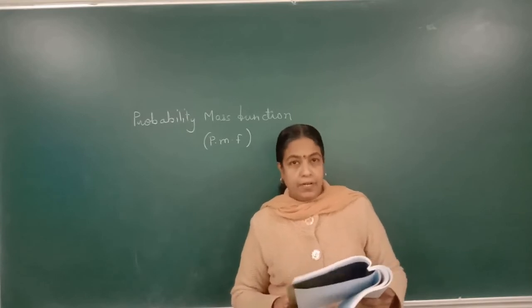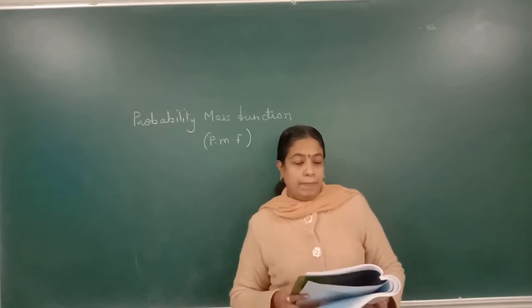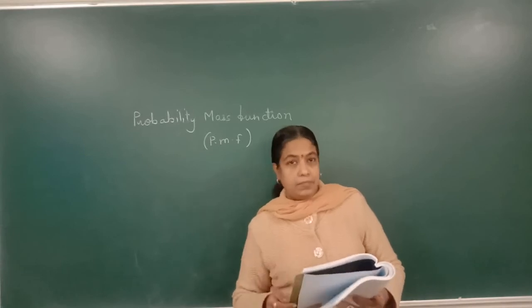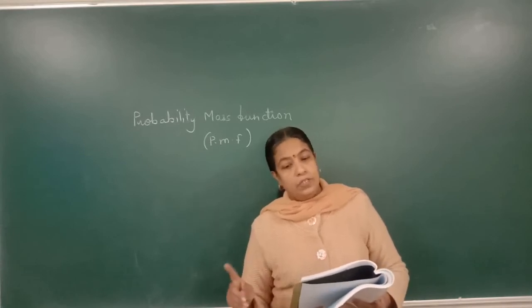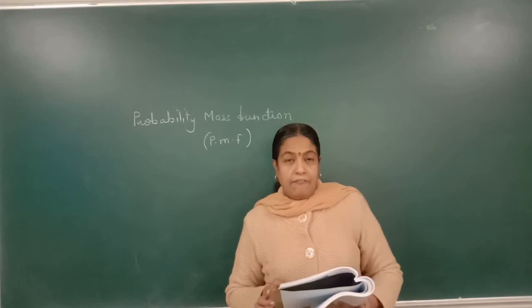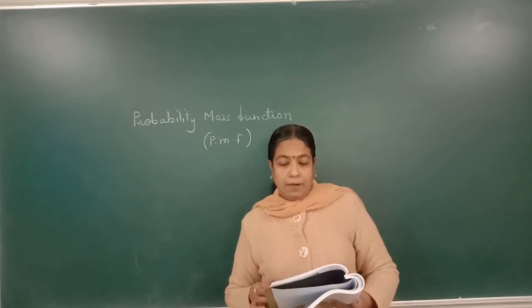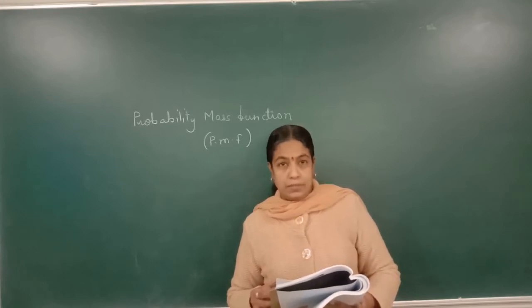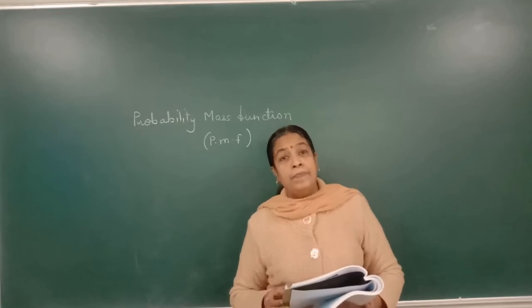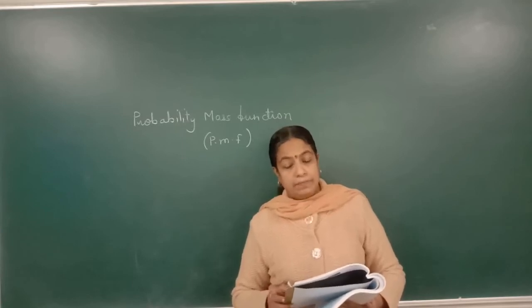For example, consider the experiment of tossing a coin 4 times. And define the random variable x as the number of heads in 4 tosses. Only we are considering the number of heads.